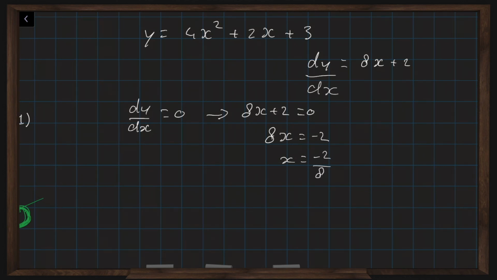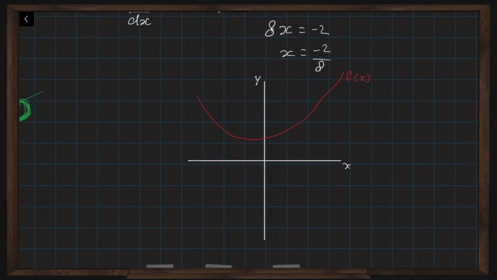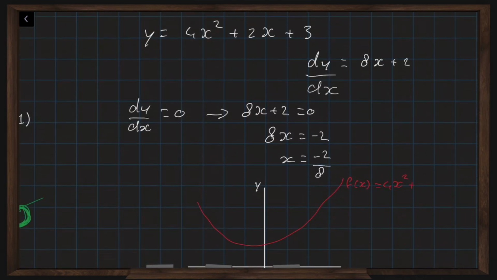Now, why is this useful? If we think about it, we have our equation. This is x, this is y, and it roughly follows that pattern. This is f of x, which we said equals 4x squared plus 2x plus 3.